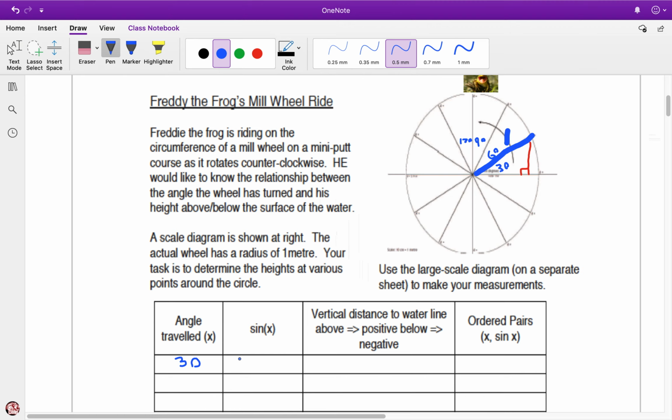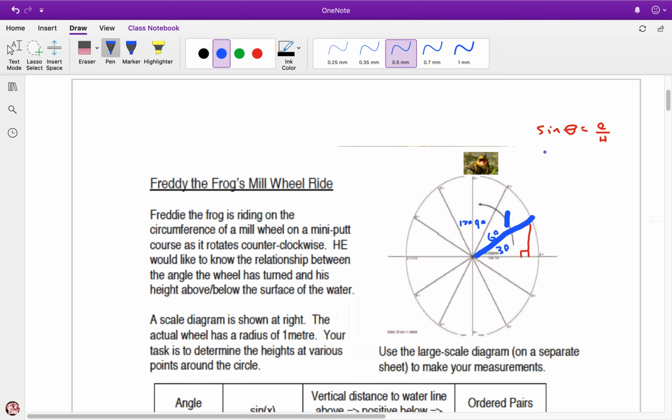So that is sine 30 equals opposite over hypotenuse. Opposite is going to be h, our unknown, over 1. Sine 30 equals height over 1.